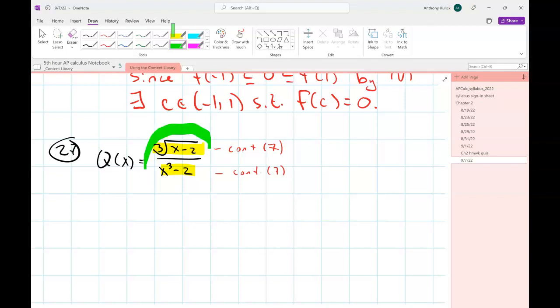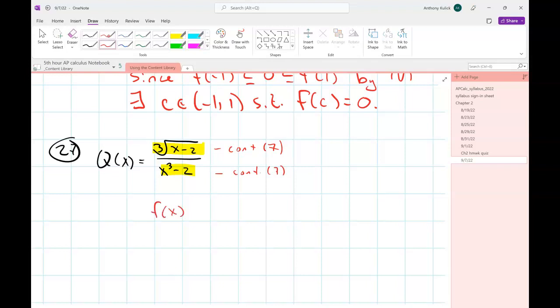And this thing then is like the composition of two continuous functions.